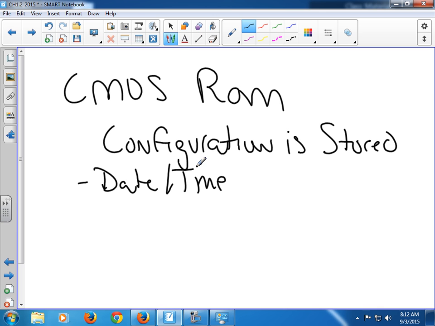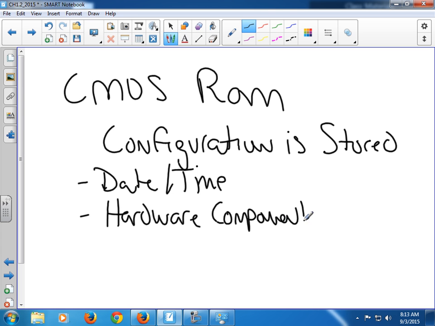If it wasn't on there, you'd never have the right time on your PC, at least until it connected to the internet and got the new time. It also holds a list of your hardware components. That's how your PC, when it boots, knows if you added something. Because it says, you had 2 gig of RAM, now you have 4 gig of RAM. Hey, your RAM just changed. Is that okay? And it actually asks you that on your PC.